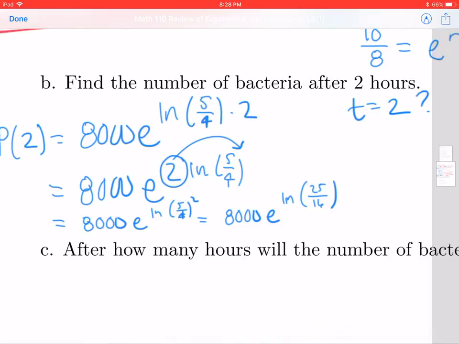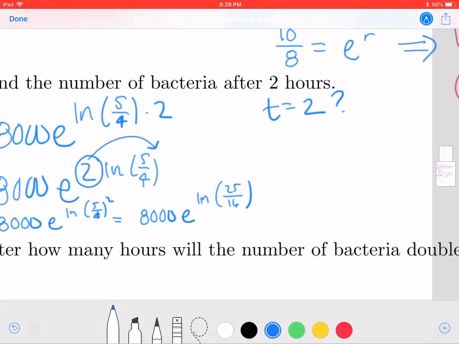Okay, let's keep going. Next step, this e and the natural log are going to cancel each other out. Why? Well, remember when we've done in the past, a to the power of log base a of x is just equal to x. These are inverses, an exponent and a log function.